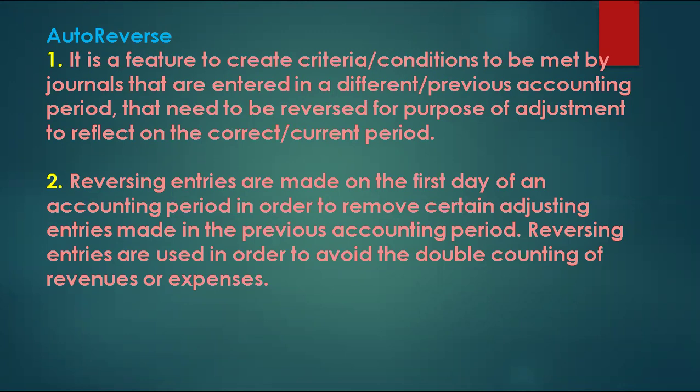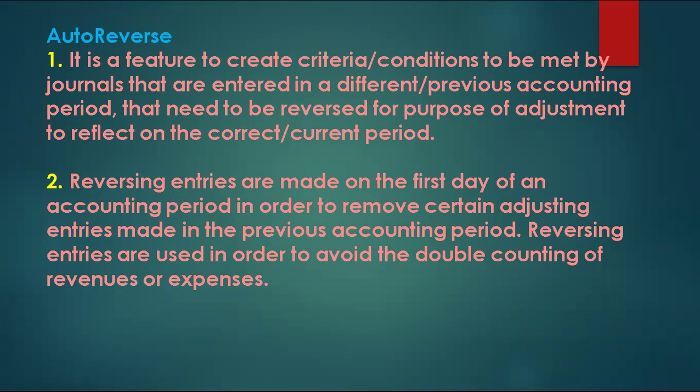For instance, a revenue that has been captured in the month of October, but you don't want it to reflect in October, you want it to reflect in the month of November. So reversing entries are made on the first day of the accounting period in order to remove certain adjusting entries made in the previous accounting period.